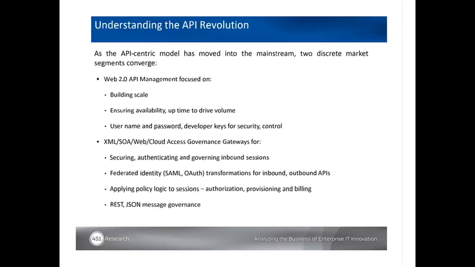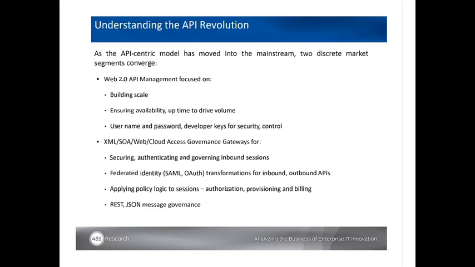More recently, we've seen vendors with a heritage in SOA and web services migrating to this market, with Layer 7 and peers obviously a case in point. For these vendors, it's a logical progression from acting as a gateway between inbound sessions to an internal set of services and enforcing federated identity logic. Plus, these gateways can also serve as a bidirectional policy enforcement point using parameters like session flow, identity, and elements like JSON messages.